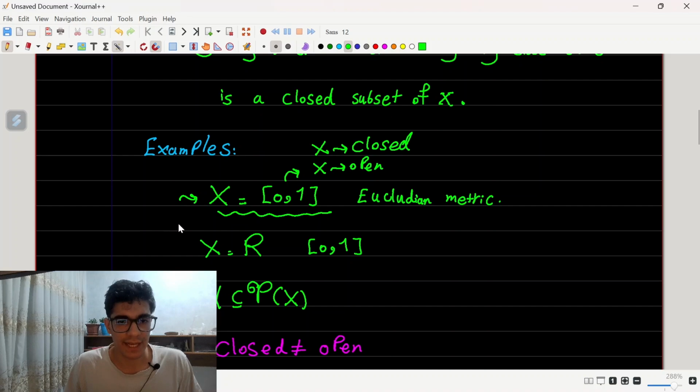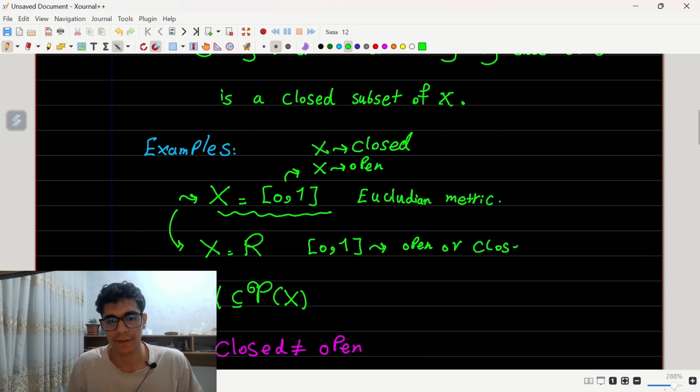So in the next example, we have X equal to R, the set of real numbers, and we want to see if this set is open or closed.